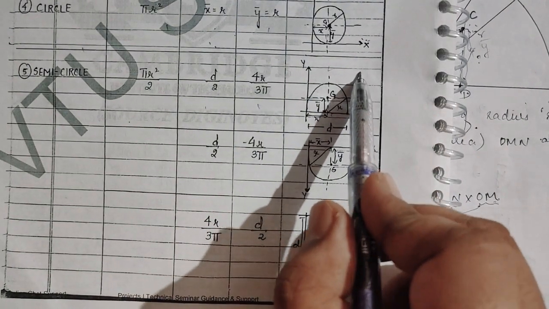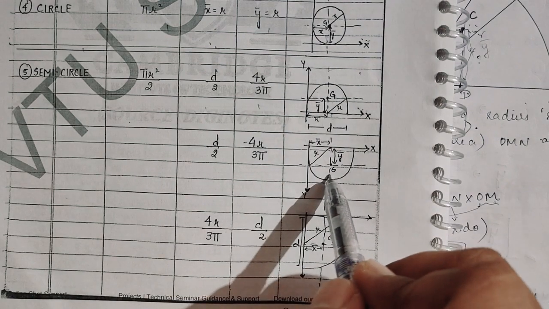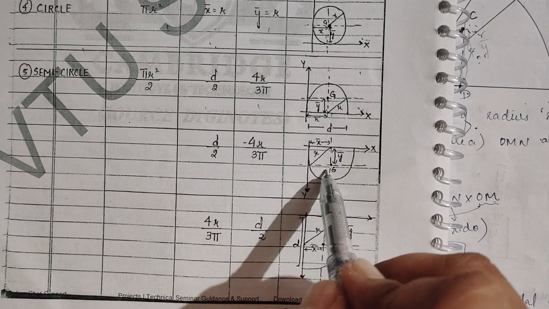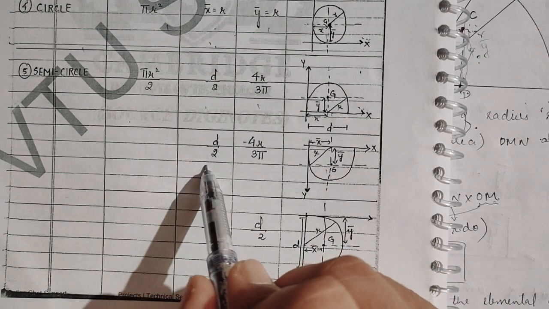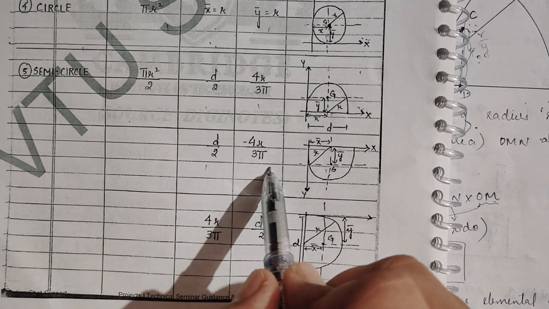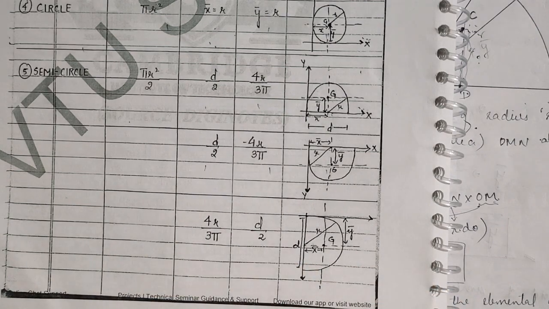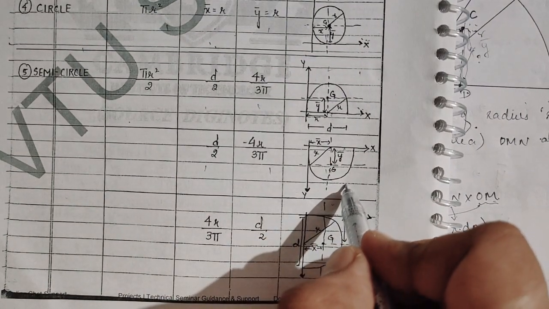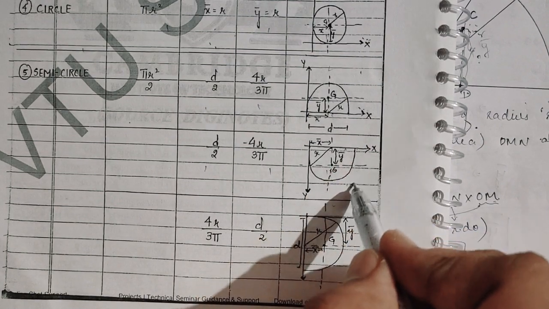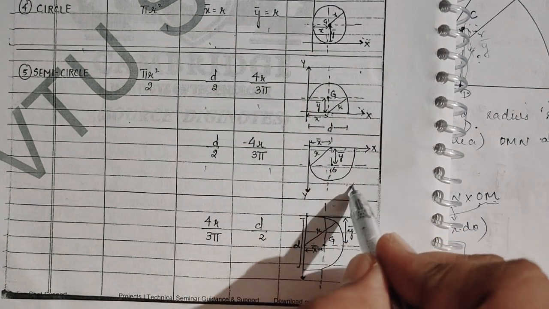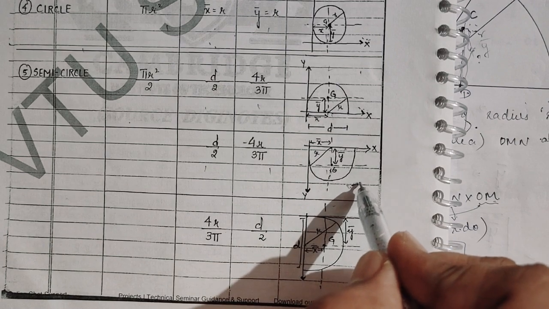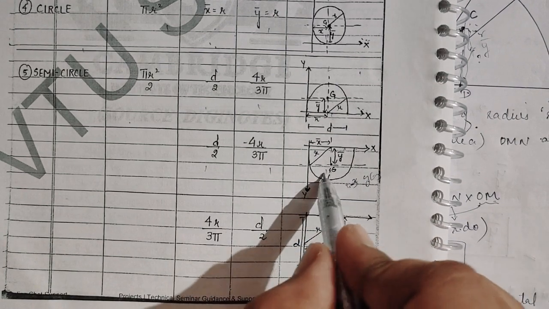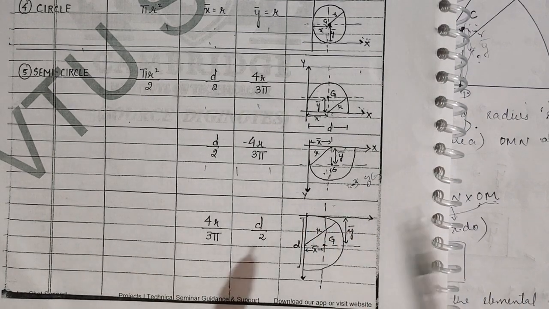This we calculated. If it is in the fourth quadrant, what happens? The x distance will be the same, d by 2, but the y distance will be minus 4r by 3 pi because it is below the x axis. So here x is positive but y is negative 4r by 3 pi.